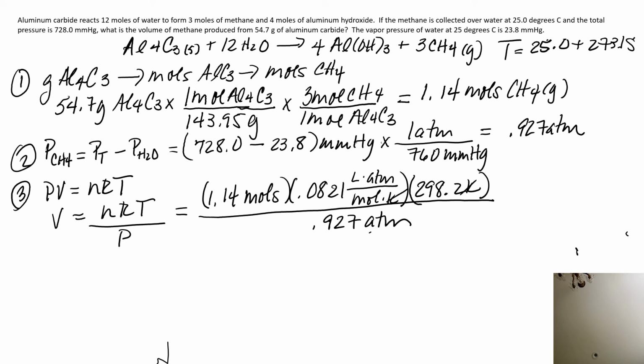K's cancel, atmospheres cancel, moles cancel. We're left with liters, and our volume to 3 sig figs is 30.1 liters of methane.